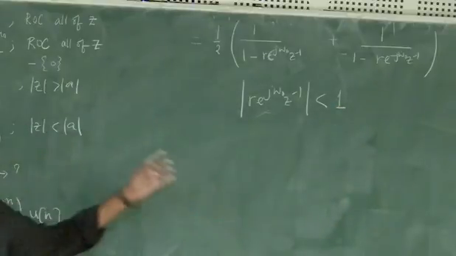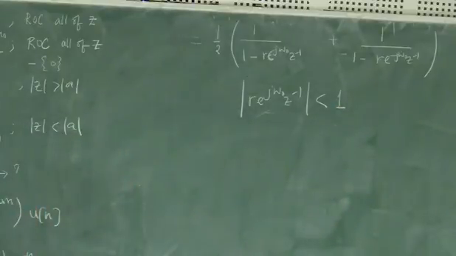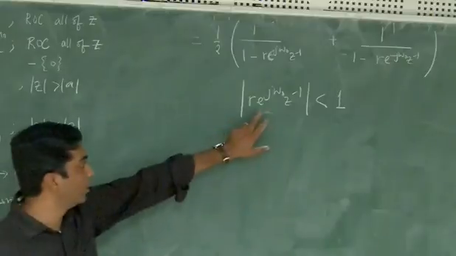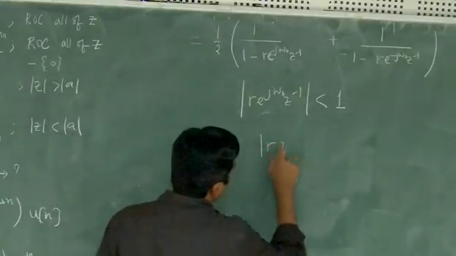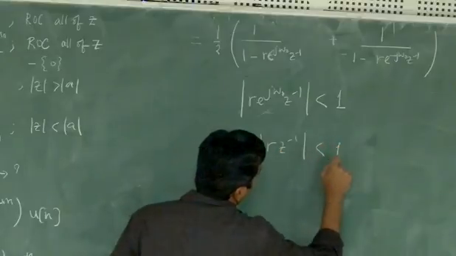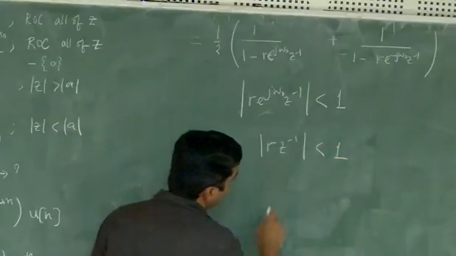Would this be the same condition for both the summations I have here? Because all I have is simply this thing, right? I have a change in the... So this means what? Right? So what does this mean?